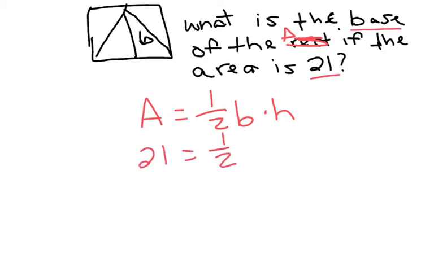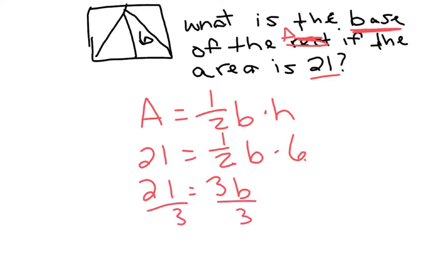We don't know the base because that's what we're looking for, so we have to leave that as B. And the height is 6. 21 equals 1/2 times 6 is 3, so we have 3 times the base. And then you just divide both sides by 3. The 3 over 3 cancels out here. We're left with B. 21 divided by 3 is 7. So it's just like a little algebra problem, just plugging things in.